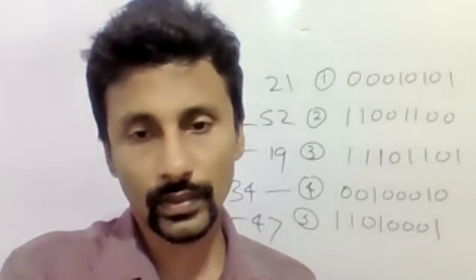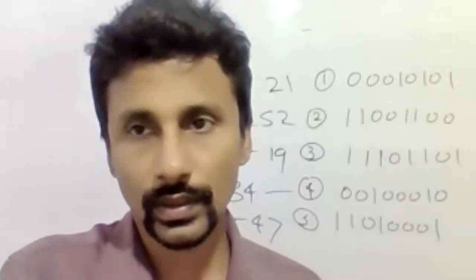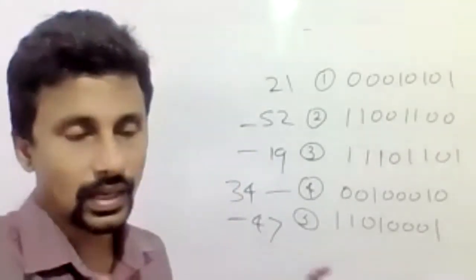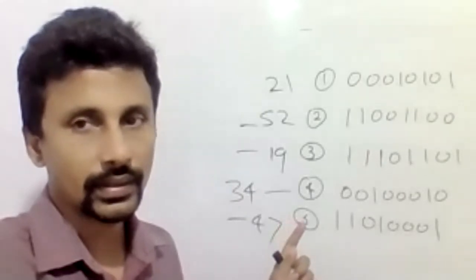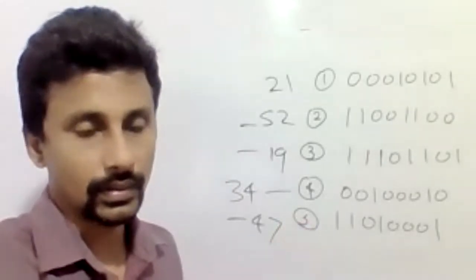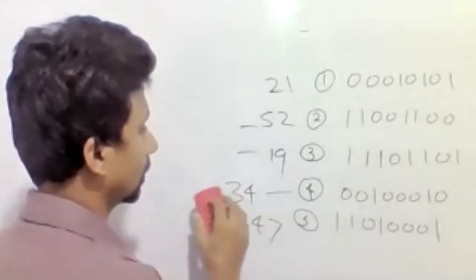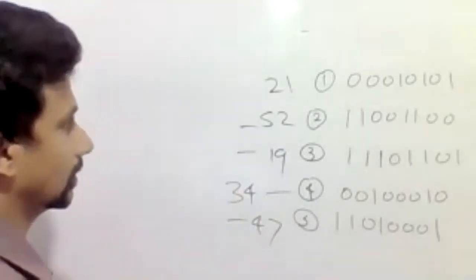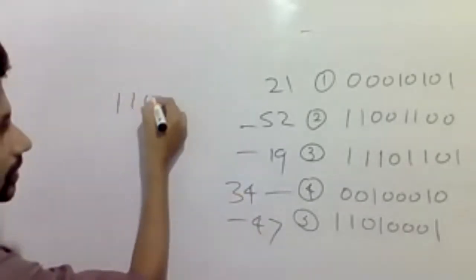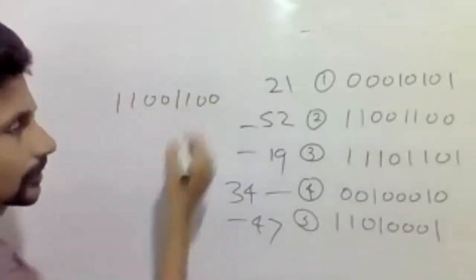Sir, can you repeat the second one? Second one, how we did that? Yes. So here you get 1, 1, 0, 0, 1, 1, 0, 0, right?